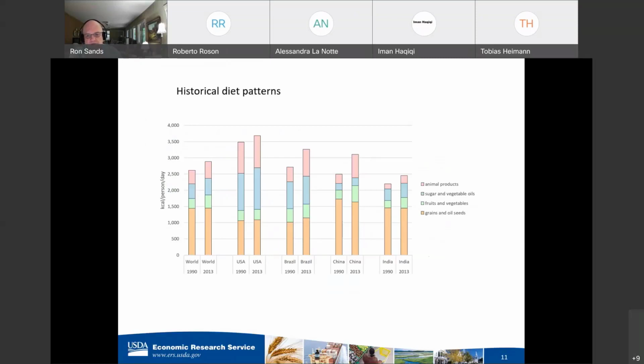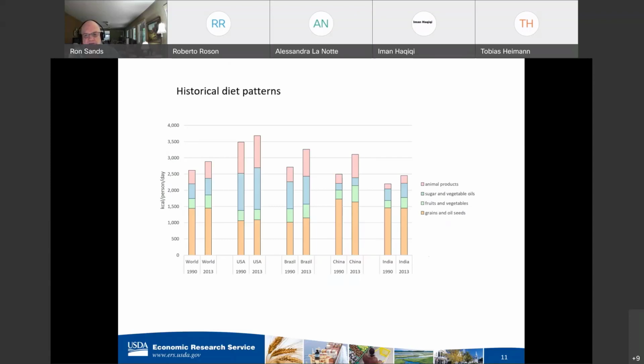So here's historical diet patterns, which give you some sense of even in recent history of the past 20 or 30 years, you see a general trend as incomes increase of more calories consumed in total, but also a shift within the calories consumed towards more animal products. And that's particularly strong in China.